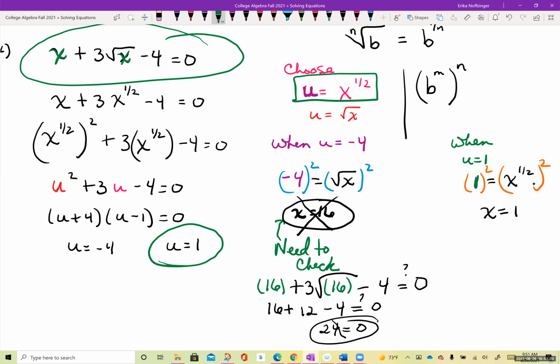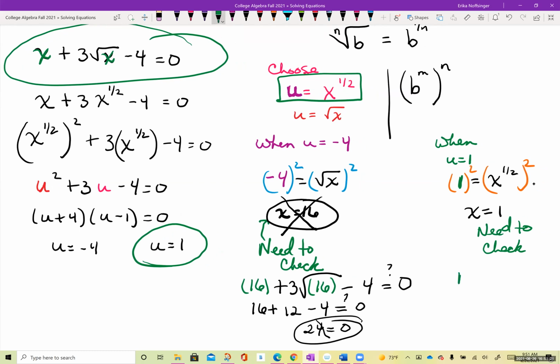Okay, so again, we need to check because we squared both sides of the equation. We want to know: is 1 plus 3 times the square root of 1 minus 4 equal to 0?